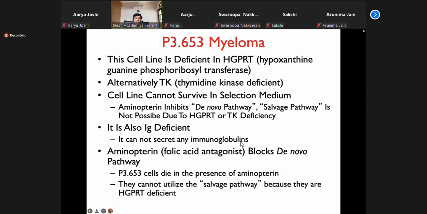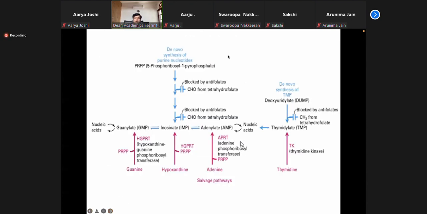All right, so this is basically how you can broadly classify these two different pathways. Essentially the purpose of these two pathways, de novo synthesis of purine nucleotide and the salvage pathway, is to generate those nucleotides, either purines or pyrimidines, right?